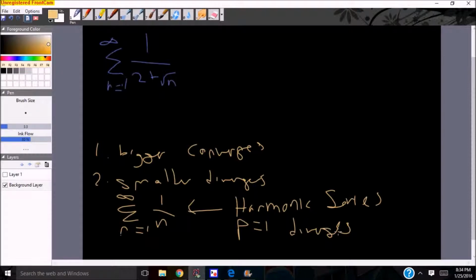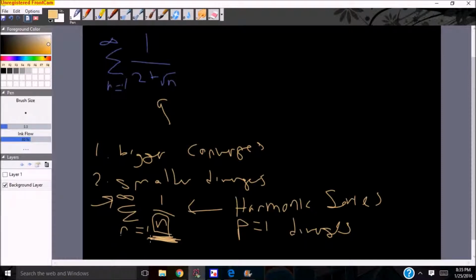And the nice thing about this is that as this thing goes out to infinity, n is going to be bigger than 2 plus the square root of n. The square root of n is going to keep that thing a little bit smaller. So since this n down here is going to be larger, this denominator is going to be larger on this one, that means we're going to end up with a smaller fraction.